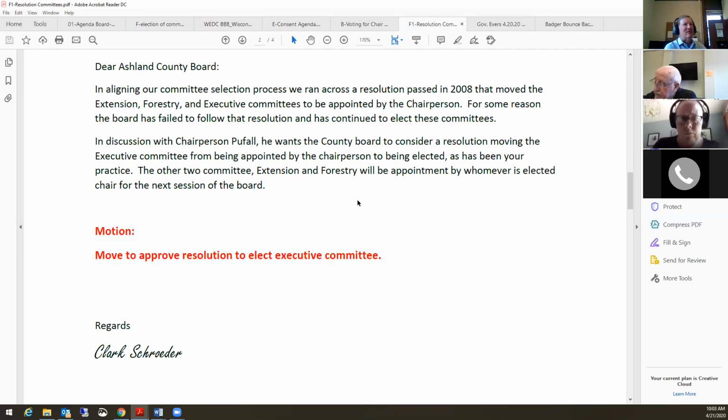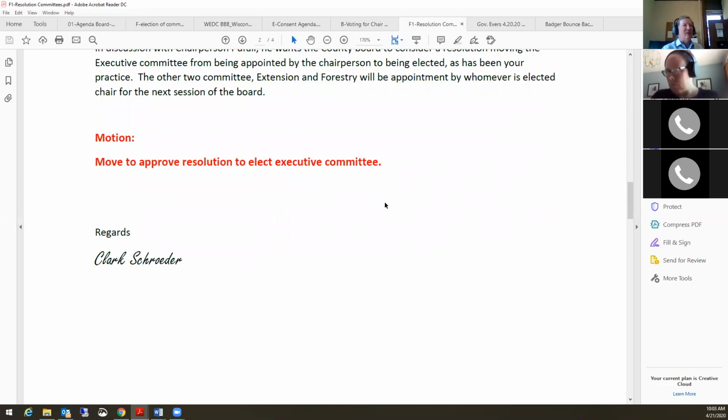We ran across this resolution in 2008 that moved them from elected to appointed. And it seems that the county never followed through with that practice. So the history has been that we've just been electing those, and we're basically putting forth this resolution to move the executive committee to be elected.